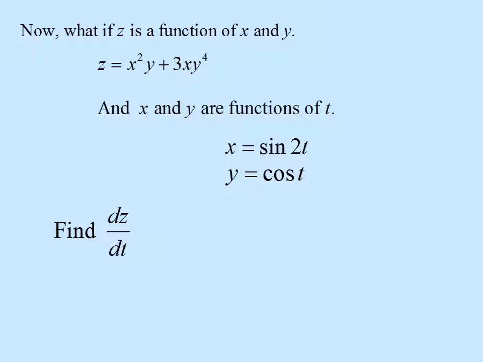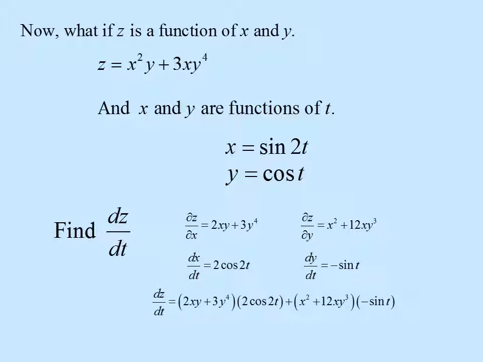Now here's how that would play out doing this derivative. So we've got the derivative of z with respect to x. We've got the derivative of z with respect to y. We've got the derivative of x with respect to t, and the derivative of y with respect to t. We put those together in the pattern that we just wrote, and again, we want everything in terms of t's.